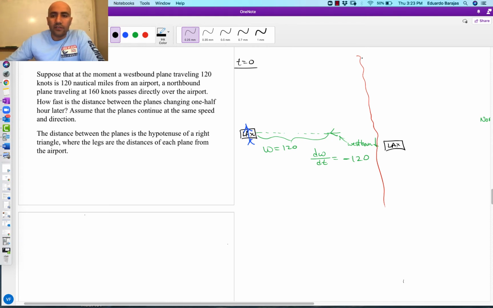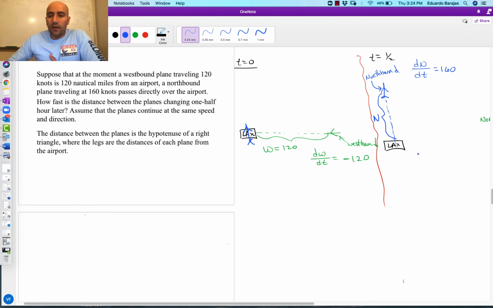And now 1/2 hour later, this is when t equals 1/2 hour, this northbound airplane has now traveled some distance, capital N. It has a velocity, a rate of change of this variable, and that's where this dN over dt is going to come in, and we're told that it's traveling at 160 knots.